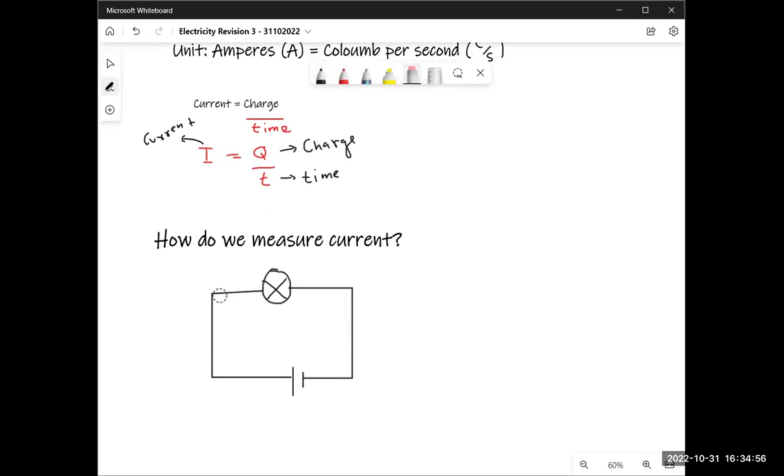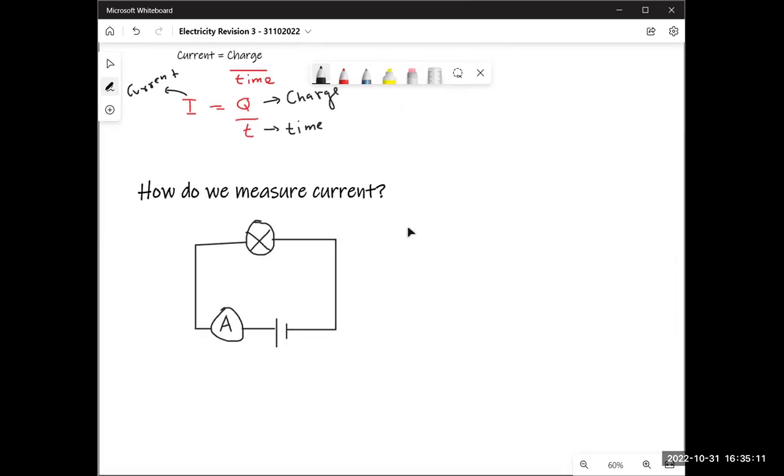But how do I know how much current is flowing in the circuit? What I'll do is I'll add something called an ammeter, which looks like this. So let's write here, make this a diagram and write ammeter.